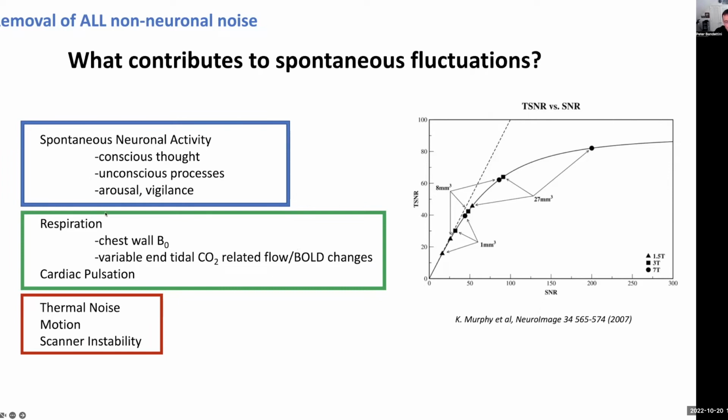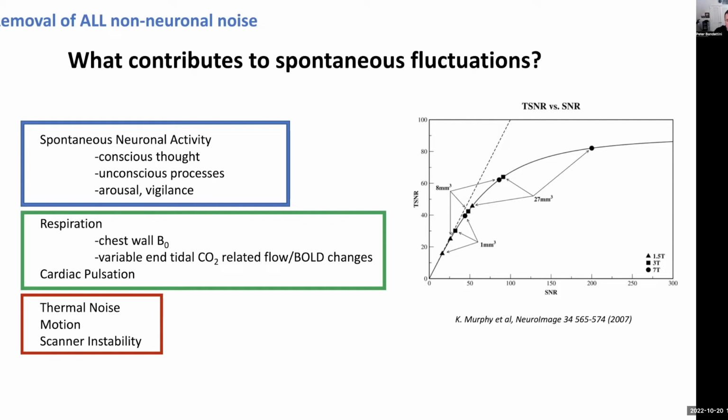There are also particularly problematic ones. That's respiration: chest wall motion, where the magnetic field spills over into the brain with every breath you take. Even more problematic is that every time we take a breath, we take it with a slightly different depth.